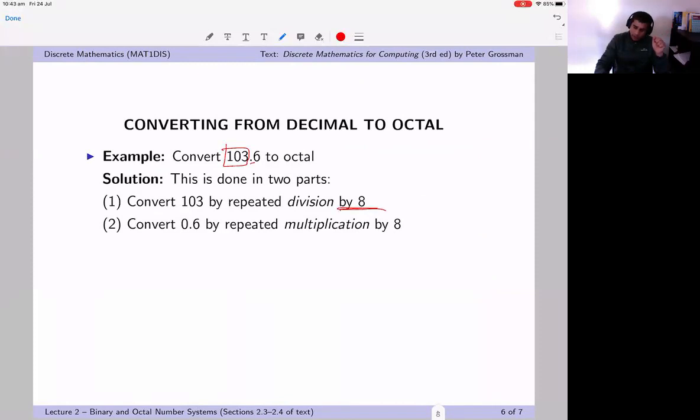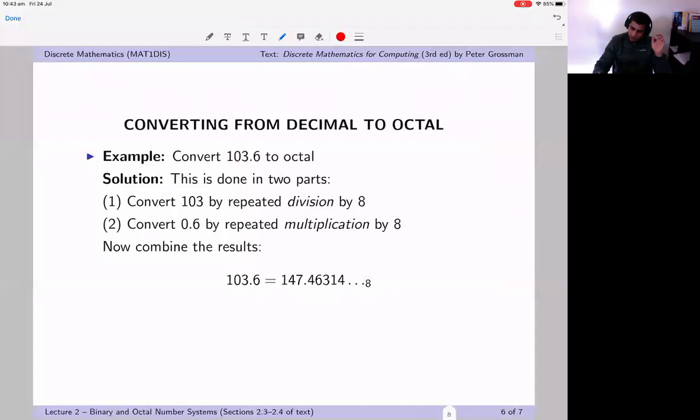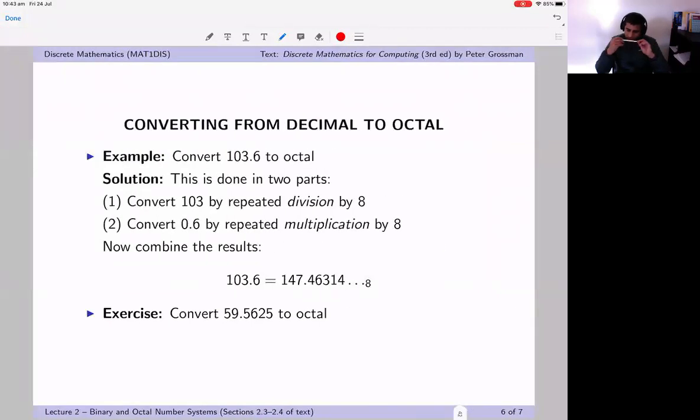And for the fractional part, I would simply multiply by 8 and note down all those carried forward. So hence my result, which I just calculated on the previous slide, is this number. Based on this method, can I ask you to have a go at this number and see what your octal representation would be for that?